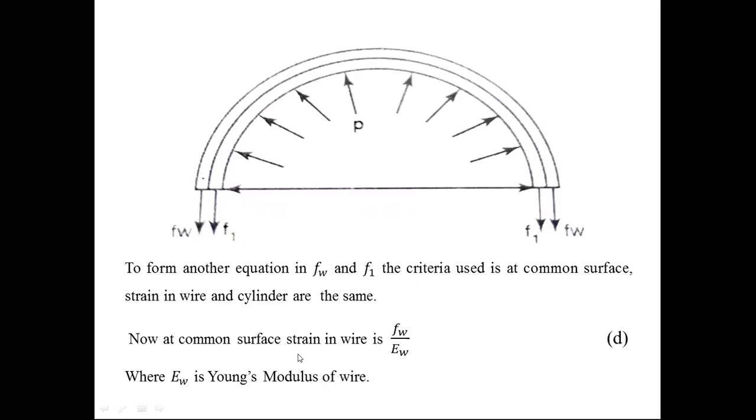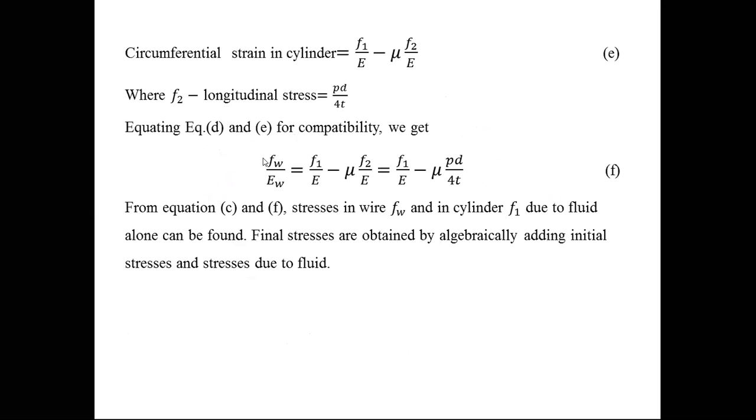The strains are calculated. Once you know the Fw stress divided by Young's modulus of wire will give the strain at common surface. That is D, and circumferential strain in cylinder. So in cylinder, F1 by E minus mu times, this is the Poisson's effect. Actually strain in a cylinder is F1 by E is enough.